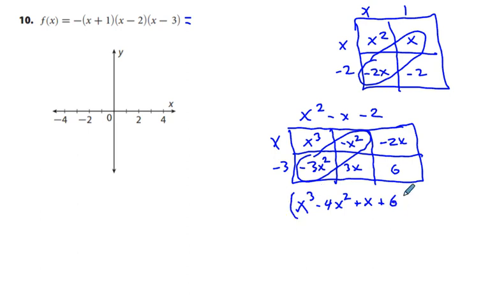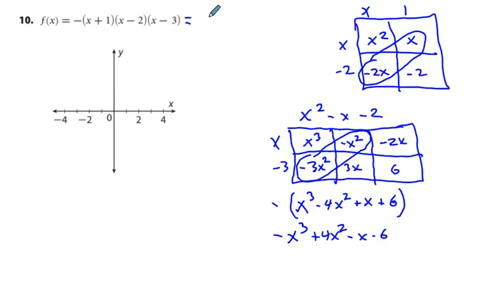And the last thing, we have this negative sign out in front. So we're going to have negative x cubed and minus negative 4x squared is going to be plus 4x squared. And then we have minus x minus 6.